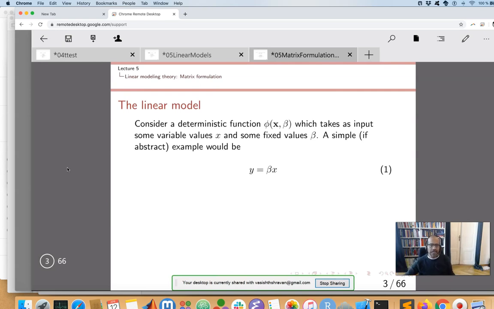So basically we have a situation where we have a function, which I'll call phi, where you give it an input, the predictor x, and some coefficients beta 0 and beta 1, and this function gives you back a predicted value for y. Okay, that's what a function does, right?